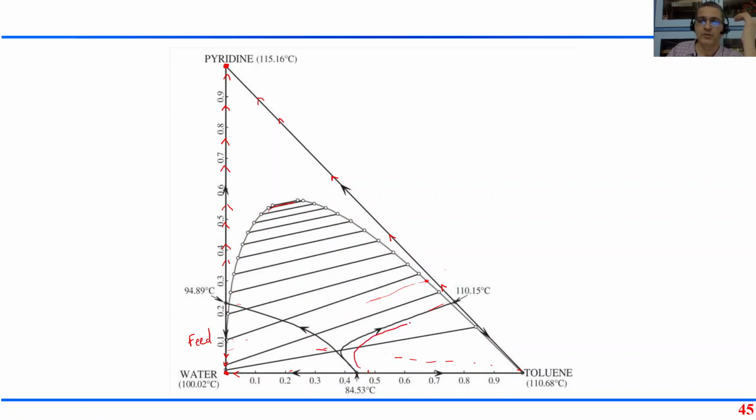We wrote the order of temperatures. Your residue curves will look something like this. This would be one region. This would be another residue curve. This would be the region. And if I am on the other side, this would be the residue curve.